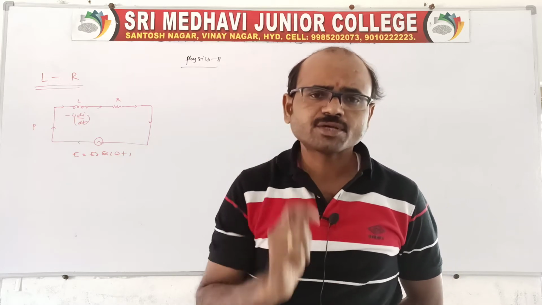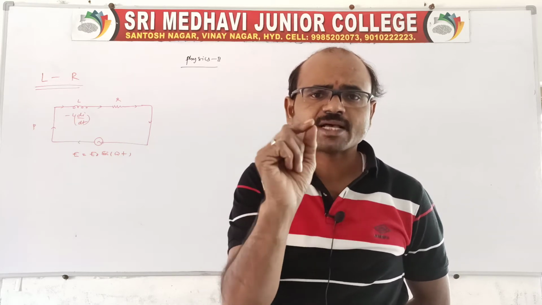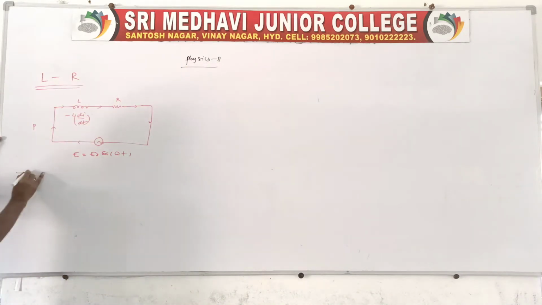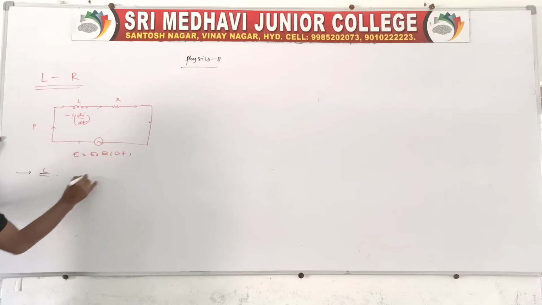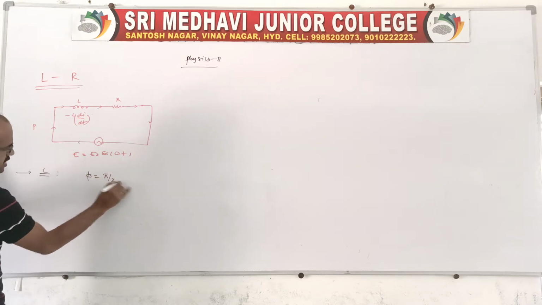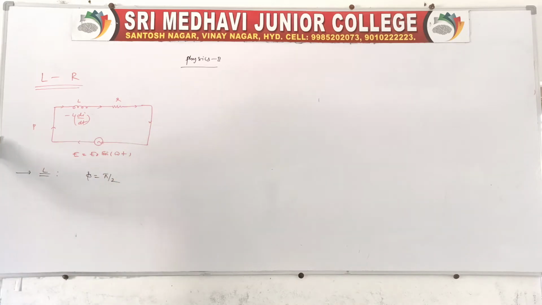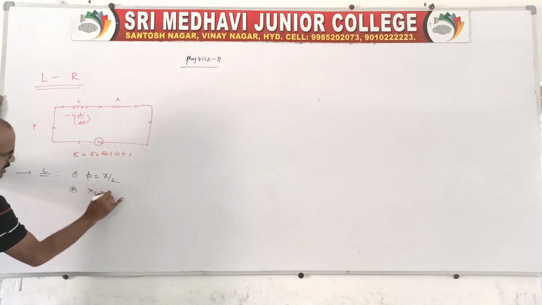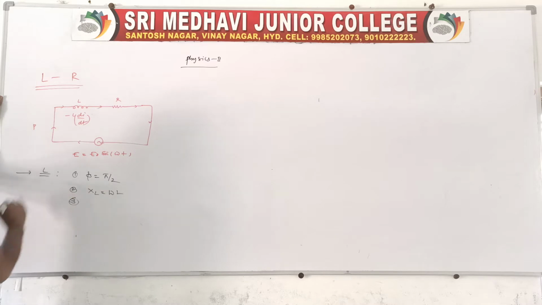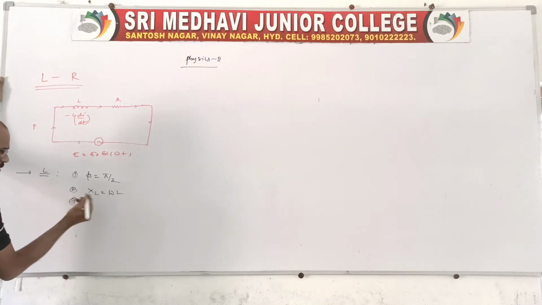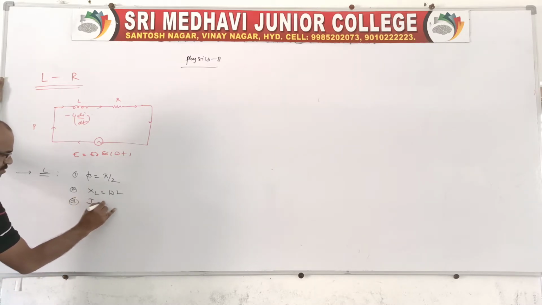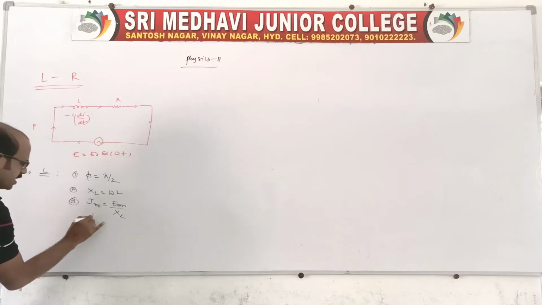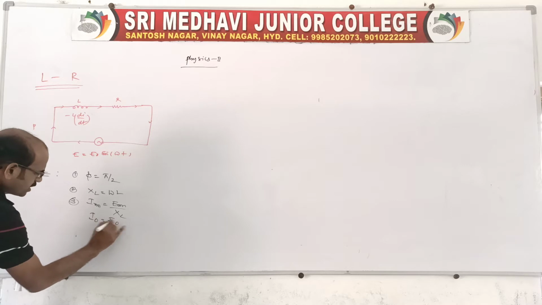In an inductive circuit there is a phase angle of 90 degrees. Here XL is equal to omega L, and IRMS is equal to ERMS by XL, or I naught is equal to E naught by XL.